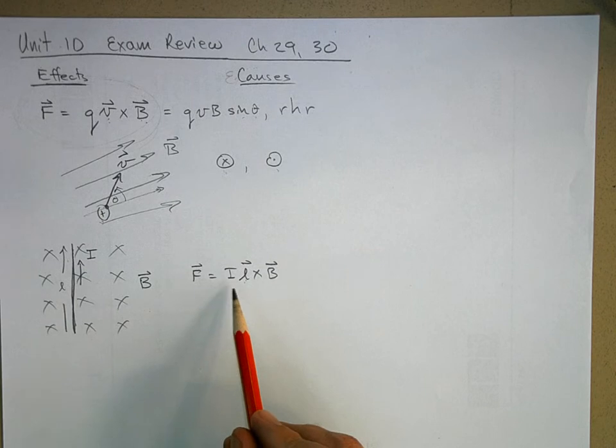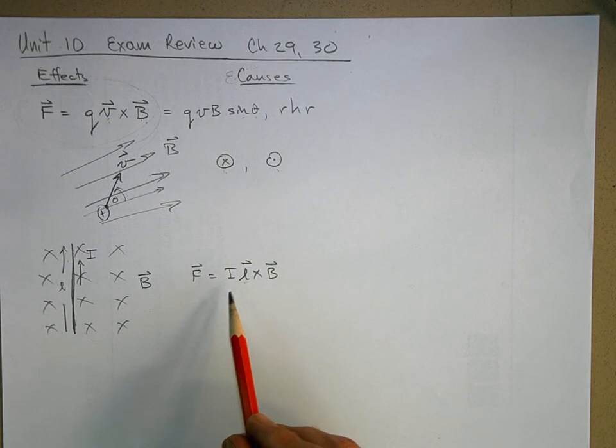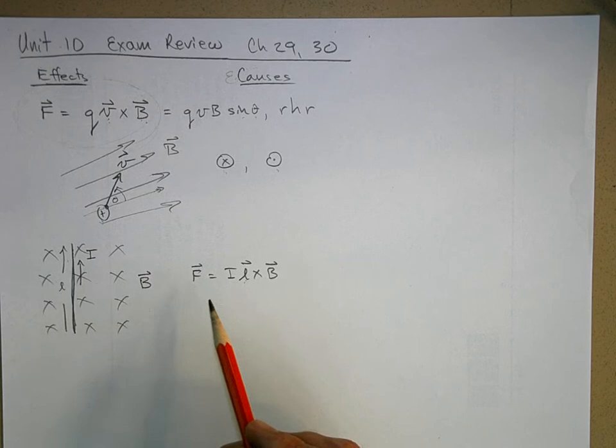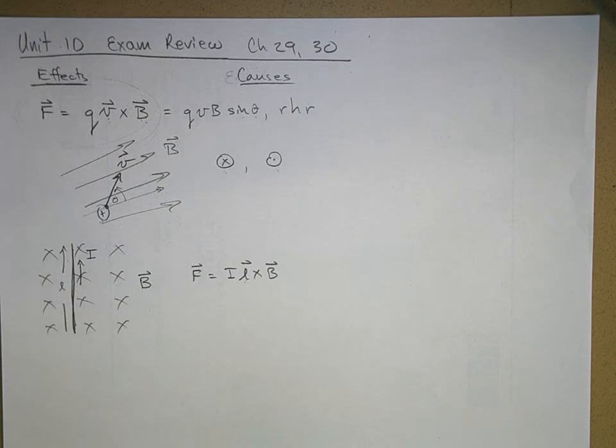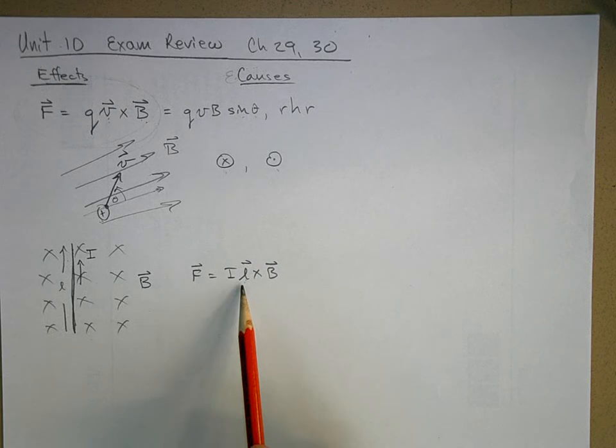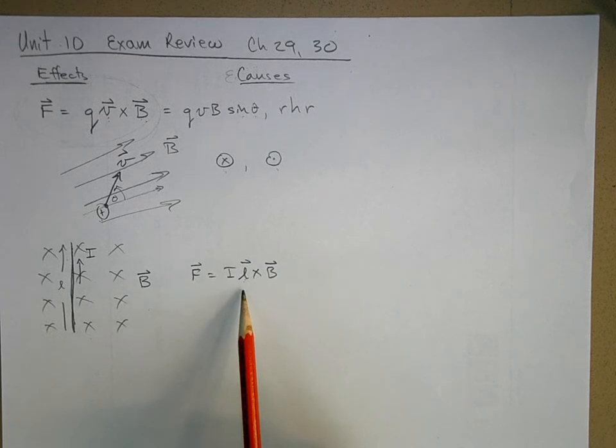Now, current really is a scalar. It's just how many charges are passing through a cross-sectional area at any given time, and that quantity is a scalar quantity. But L really represents the displacement that those charges are going through.